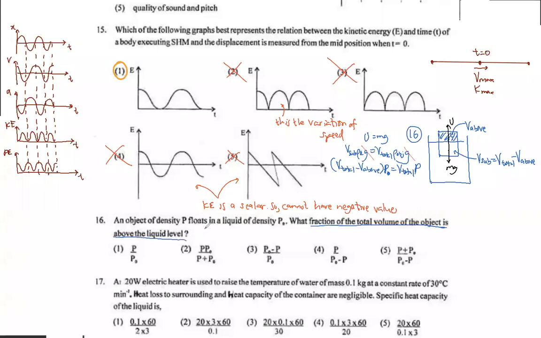They are asking us to find the volume of the object above liquid level over total volume. So I'm getting total volume minus volume above, divided by total volume, equal to rho over rho naught.